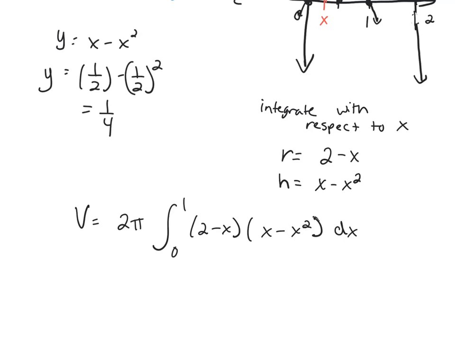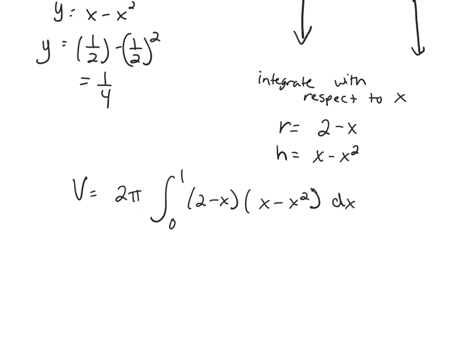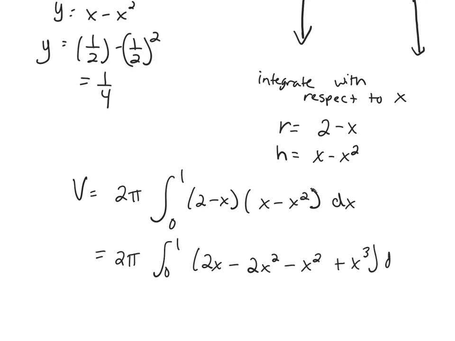So then you just FOIL all this stuff out in the middle. You'll get 2x minus 2x squared plus x squared. Nope, minus x squared minus x squared plus x cubed.